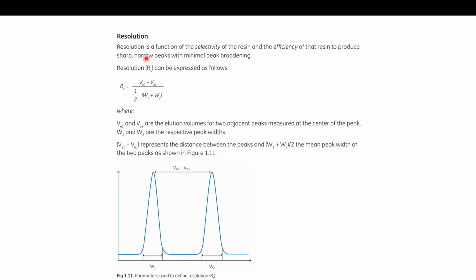Okay. And basically resolution represents the selectivity of the resin and how efficient that particular matrix is in separating or resolving two different biomolecules of different sizes, and how sharp or narrow the peaks are, with minimal peak broadening or zone broadening.